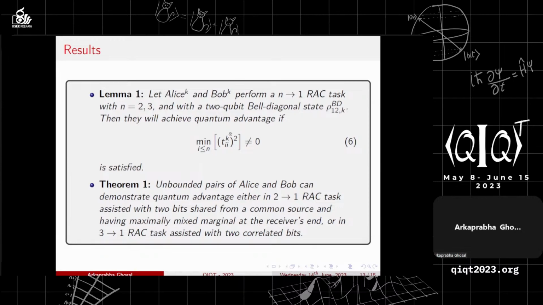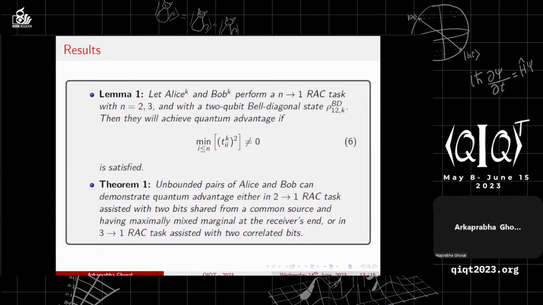This condition does not say whether the Bell diagonal state is entangled or not, but it is necessary for quantum advantage. Now one may say that even a separable state can show quantum advantage. The answer is yes in general, because a separable state can also carry some quantum information in the form of quantum discord, and using that discord we can win the game. So this is a resource minimization task.